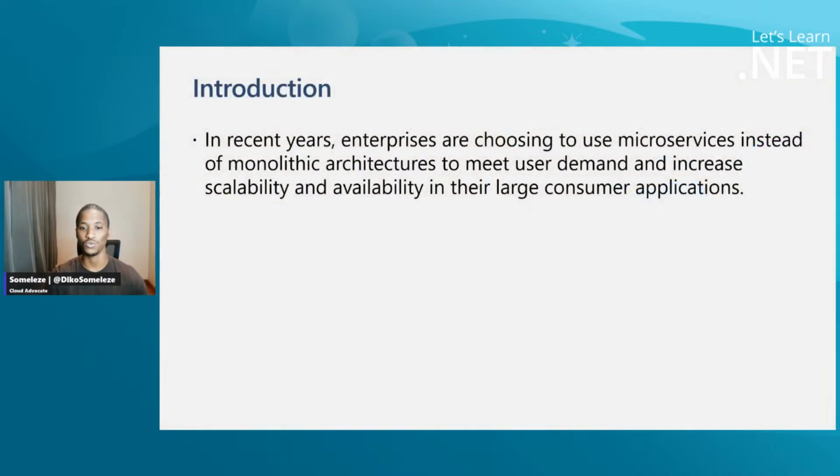gets embedded into .NET. In recent years, enterprises are choosing to use microservices instead of monolithic architectures to meet user demand and increase scalability and availability in their large consumer applications. If it doesn't make sense, suppose that you started a new job as a software developer at, for example, the Contoso Outdoor Equipment Company.